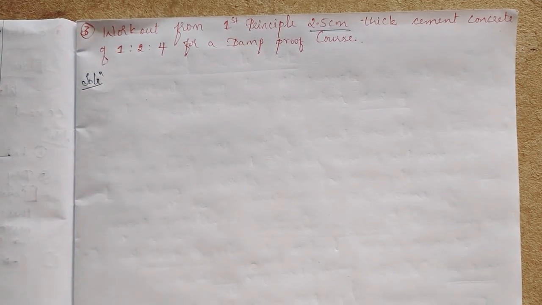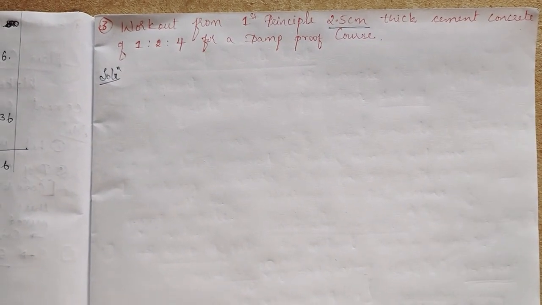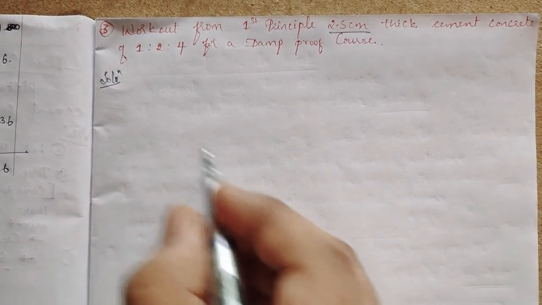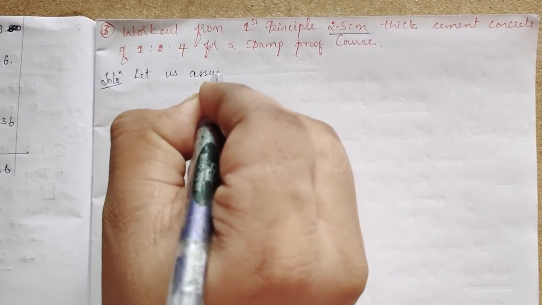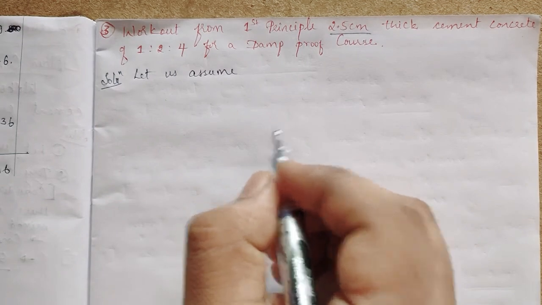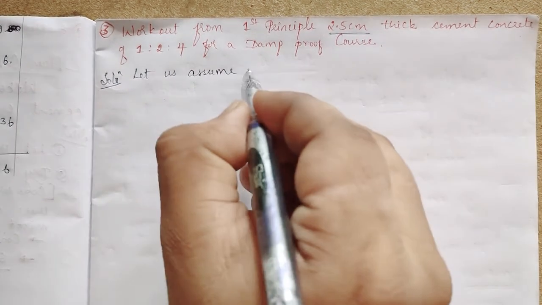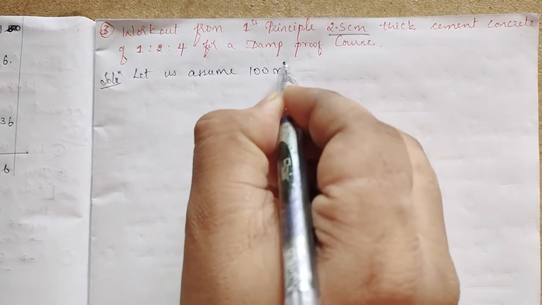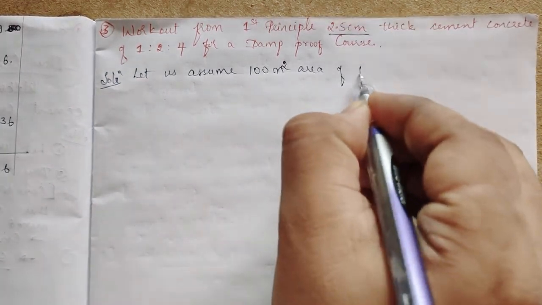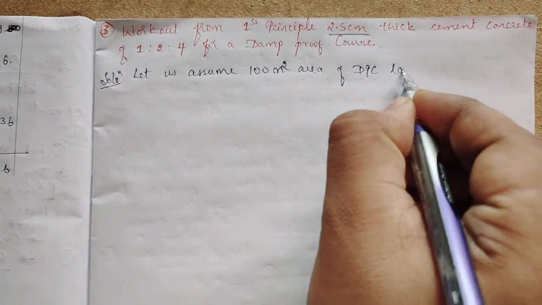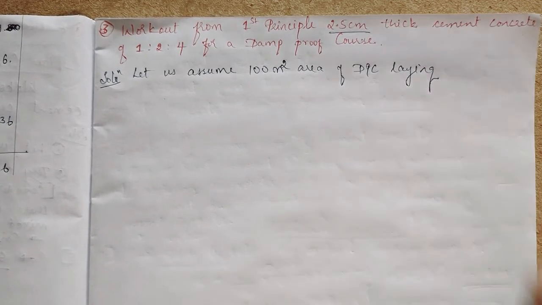Let us assume DPC work is in meter square, so let us assume 100 meter square area of DPC laying.